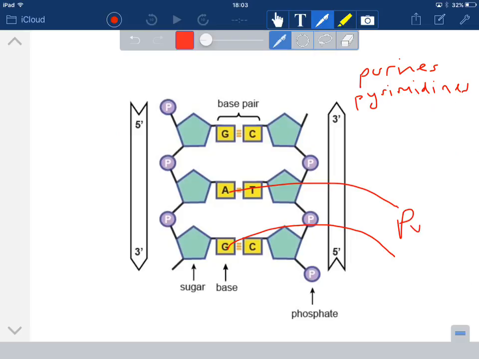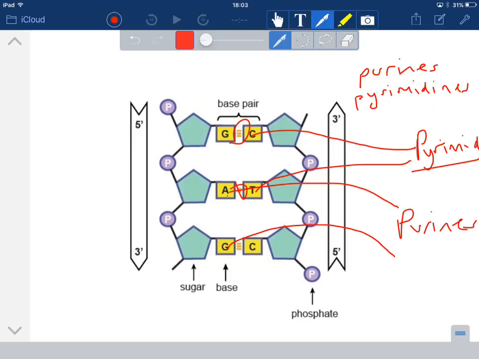So these are the purines. The pyrimidines are cytosine and thymine. An adenine and thymine bond is 2 hydrogen bonds, and a guanine and cytosine is 3. There's 3, and there's 2.